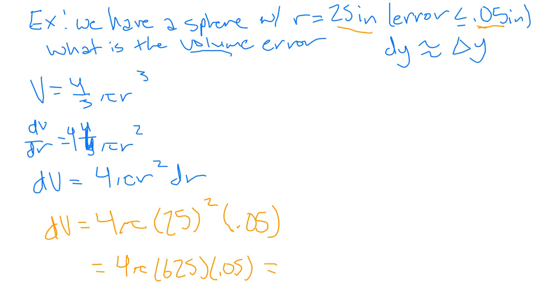And if we break this down, we get 125 pi. All right, so now let's double check our error.